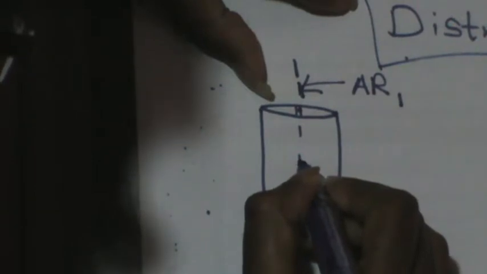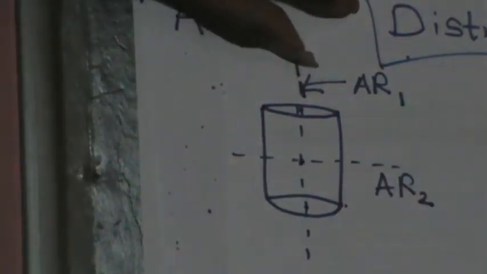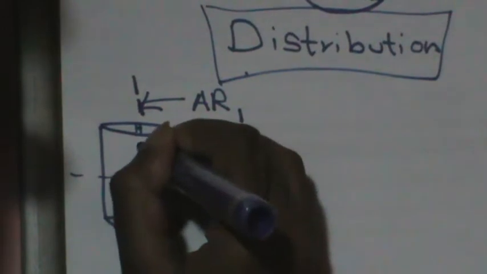If I take another axis going through the center of mass but not through the two centers, perpendicular to the line I have drawn above, I'll call it AR2. If I take some mass dm at a distance x from some point and draw a circle like this, what happens?